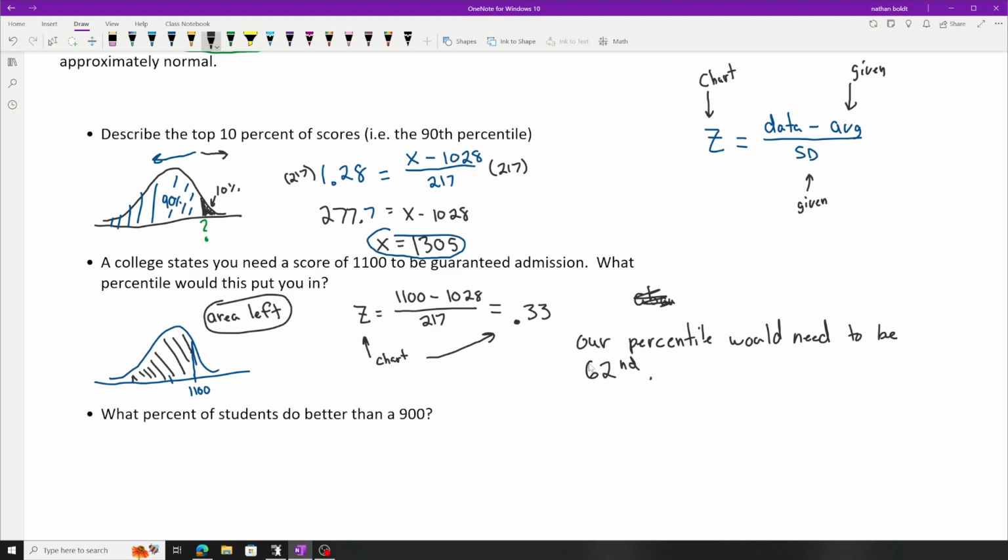All right, we are beating 62% of other test takers, I guess, right?